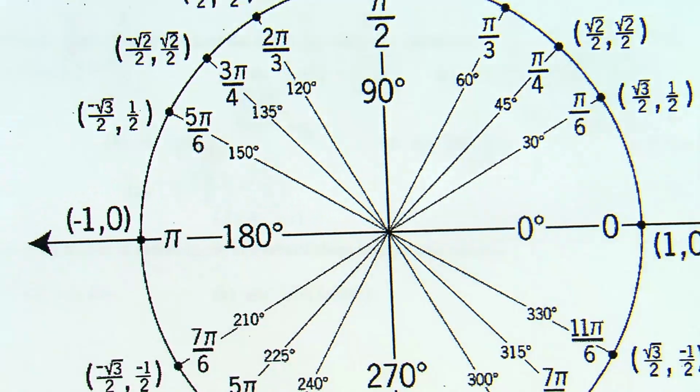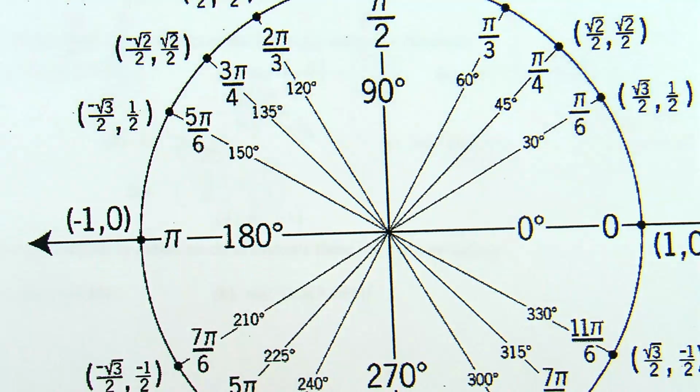Well, what is the sine of pi over 6? According to our chart, pi over 6 is another name for 30 degrees. The sine of pi over 6, according to our chart, is 1/2. What do you know about sine in quadrant 2? All students, so sine is positive.